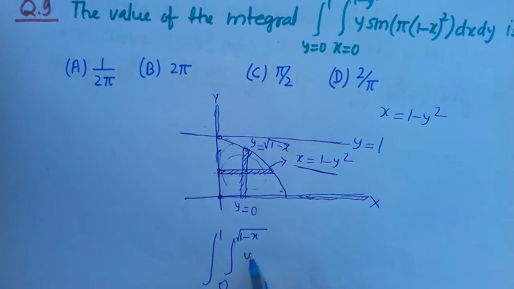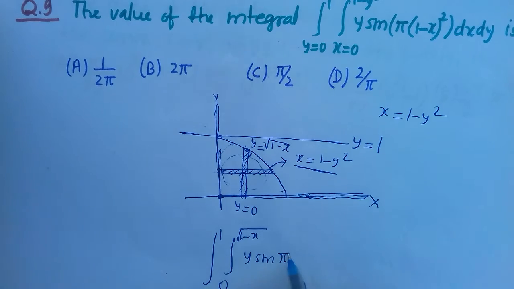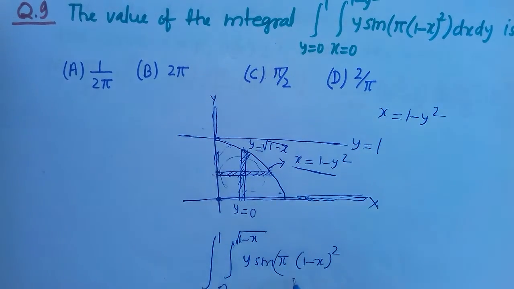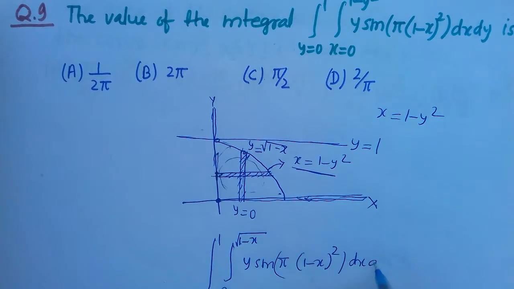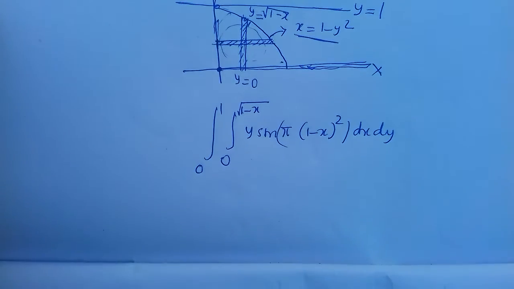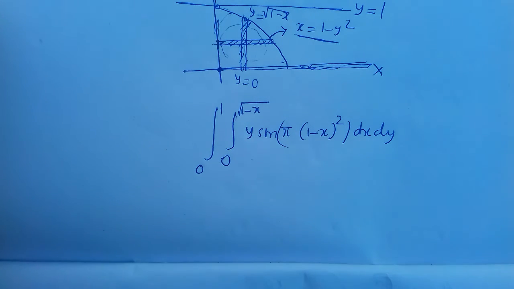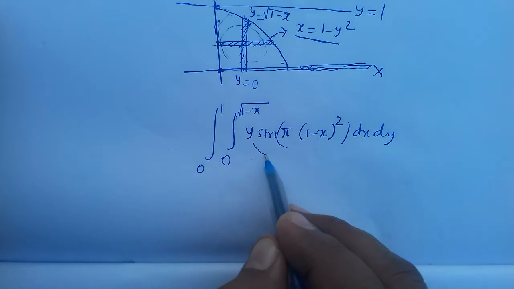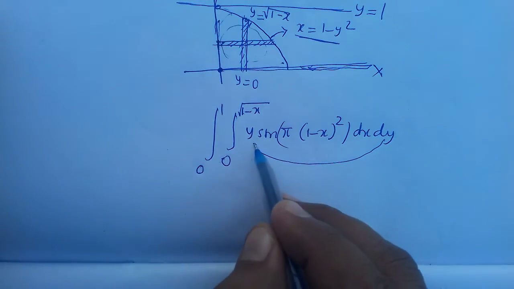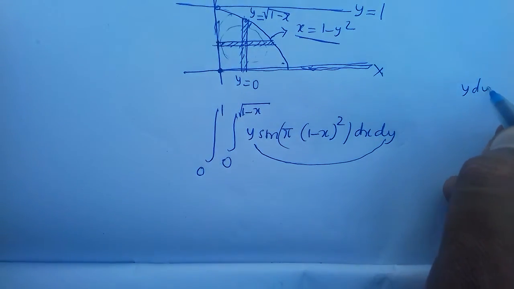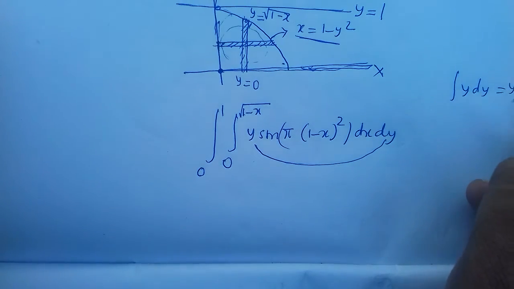Now we write the same here: y sin pi (1 minus x) whole square dx dy. This time, as you see, in the first integration we have x, which means we have to integrate with respect to y first. Integration of y dy is y square by 2.